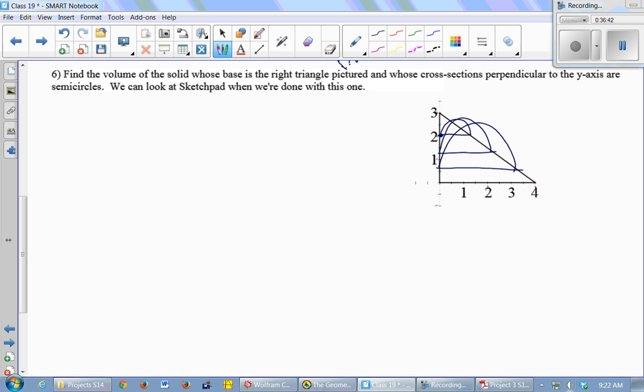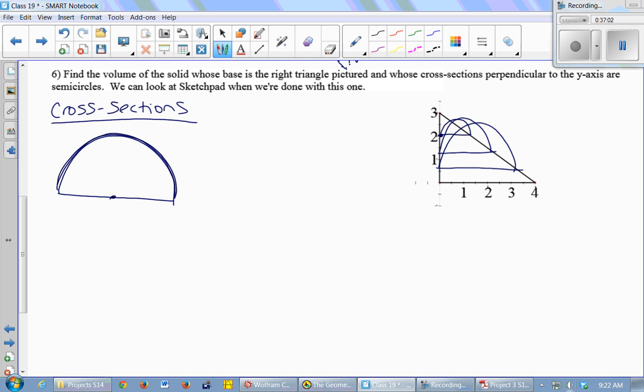Okay, so my cross sections look like semicircles, right? And they're going to have some small amount of width.